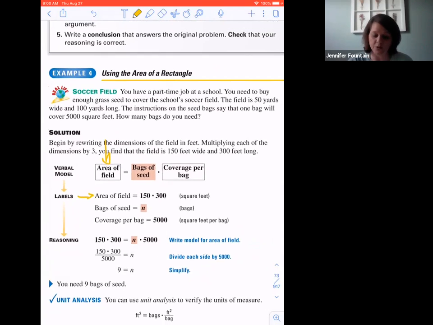The field is 50 yards wide and 100 yards long.